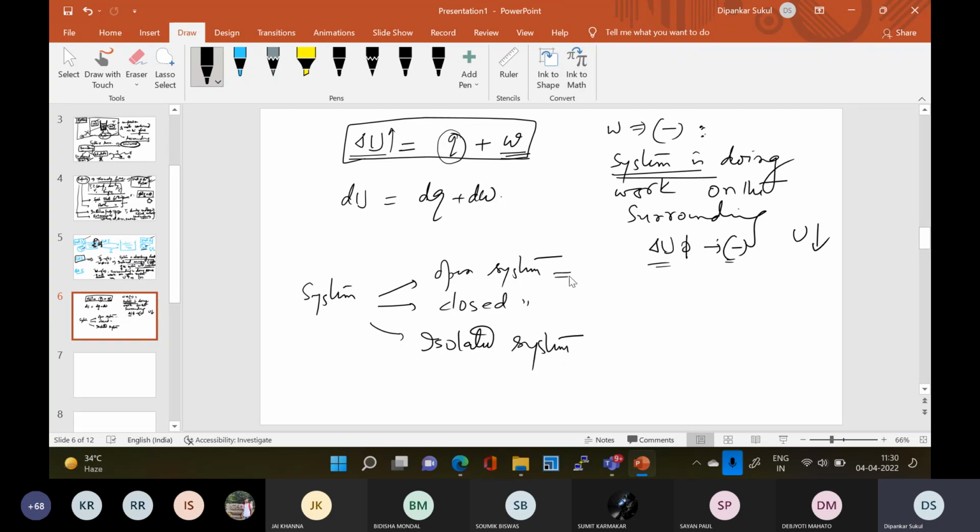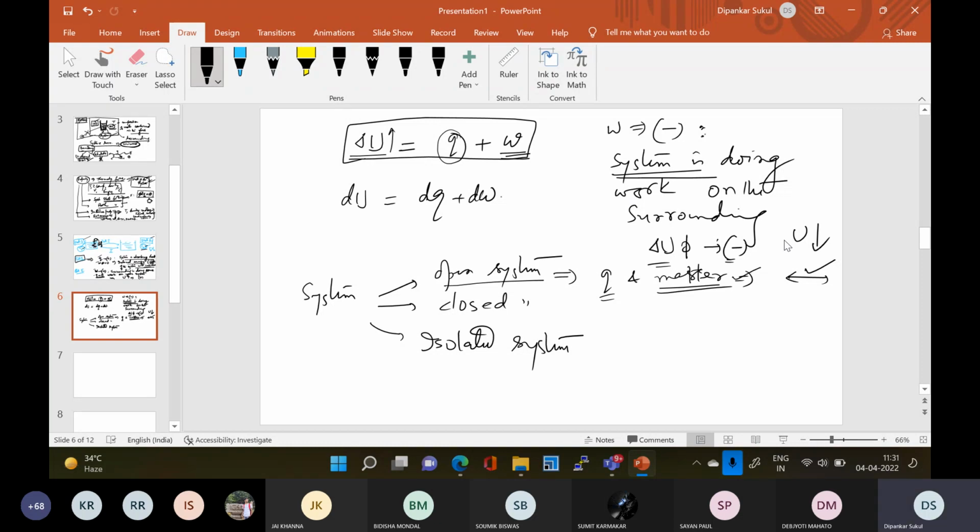What is an open system? Both heat and matter can be exchanged between the system and the surrounding. That is called an open system. Our body is an example of an open system.